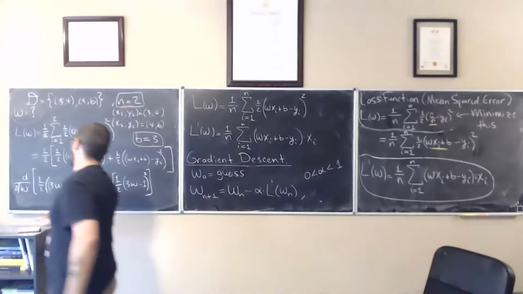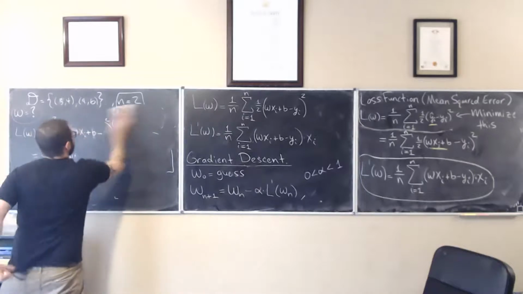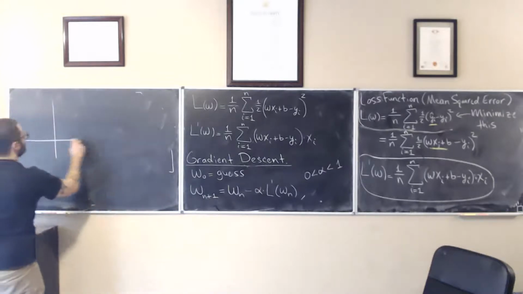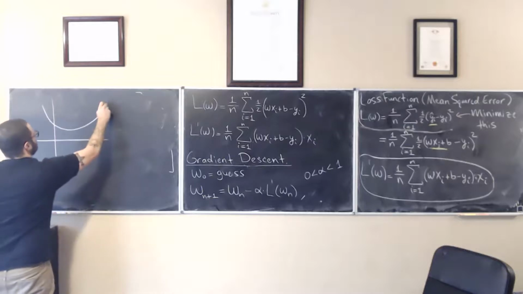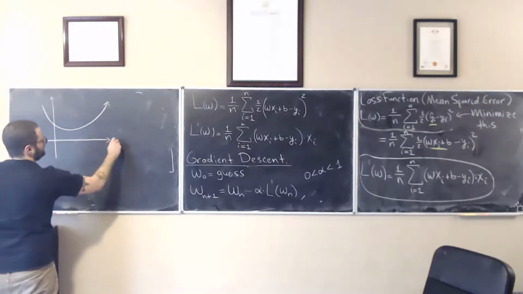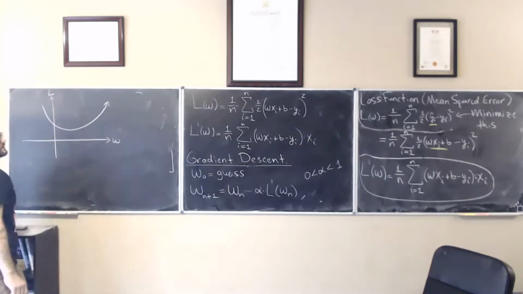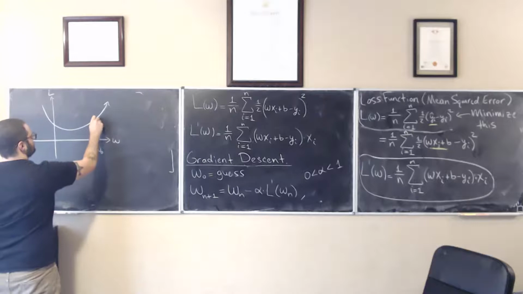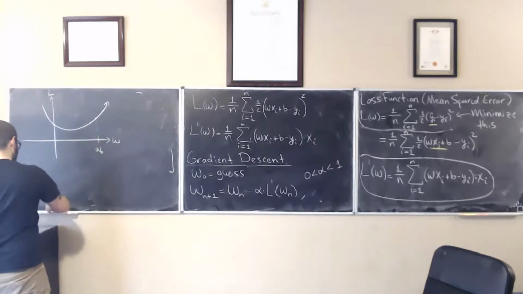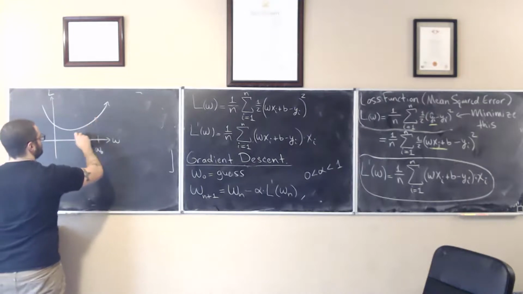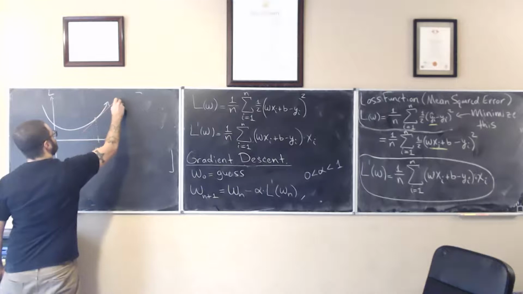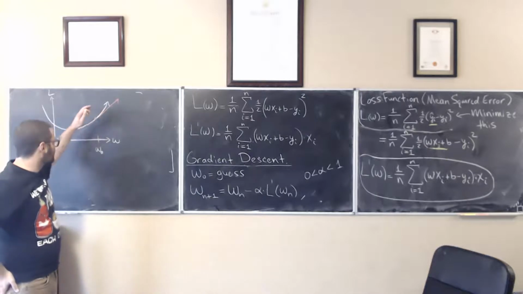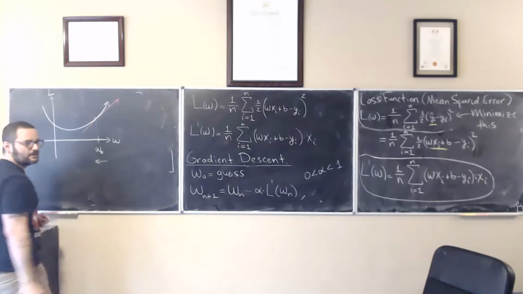And again, maybe just to refresh your memory. If this is your w, and that's your loss, and you make a guess there, and you evaluate the derivative at that point, the slope of the tangent line is positive, which means that we need to go that way.